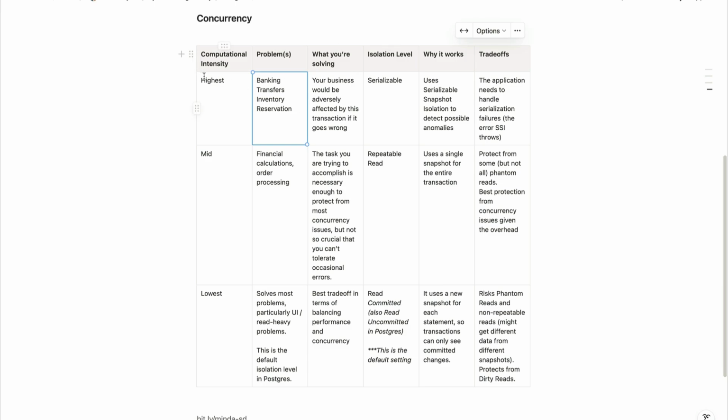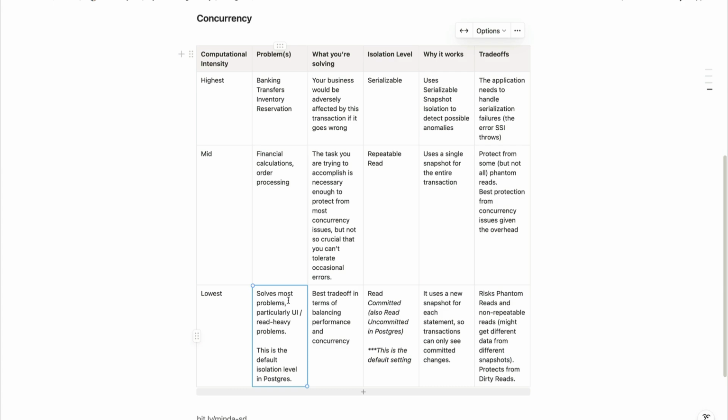This is where you want the highest isolation level. Isolation means transactions are isolated from one another. So the highest transaction level in Postgres is SSI, or Serializable Snapshot Isolation. I'll go to the lowest next and discuss that, and then we can talk about what's in the middle.